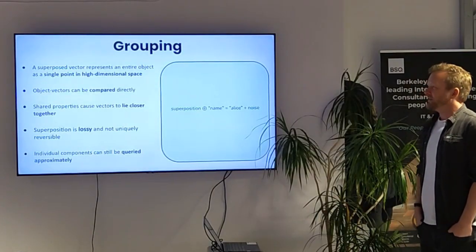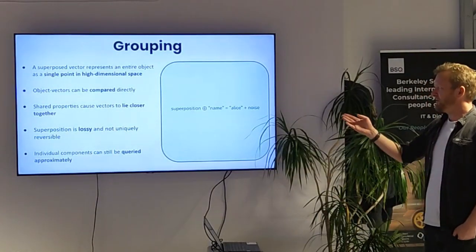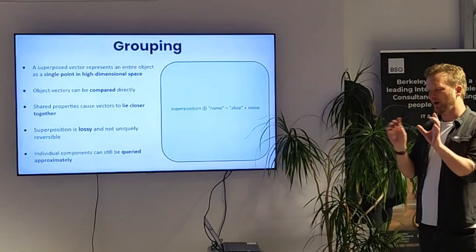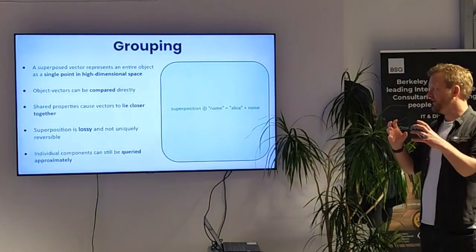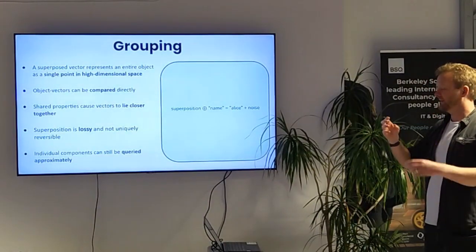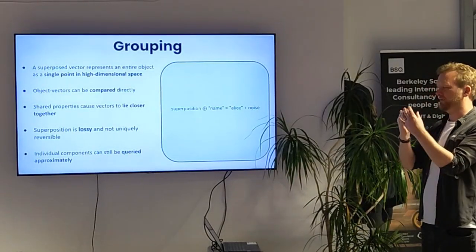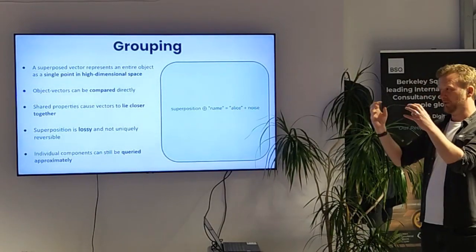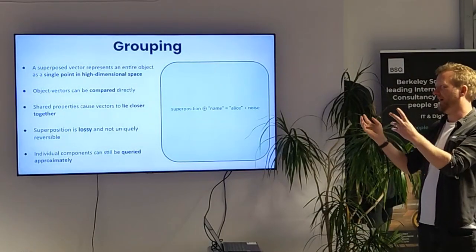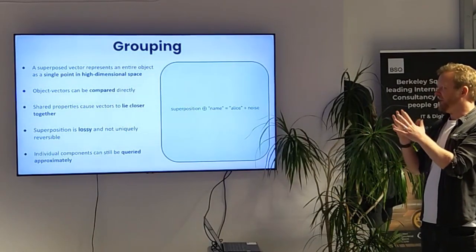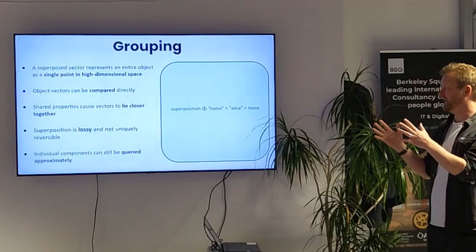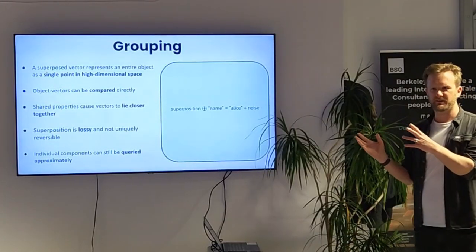The reason that works is that superposition is these bindings that have been squashed together. And when you exclusive OR with name, the signal of name disappears, and you're left with Alice, plus, obviously, all the other stuff, like the occupation, the age, and everything else. But that was also hit by the vector name, which is a random vector.